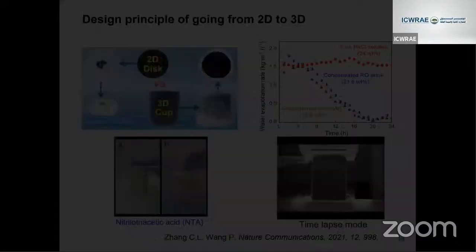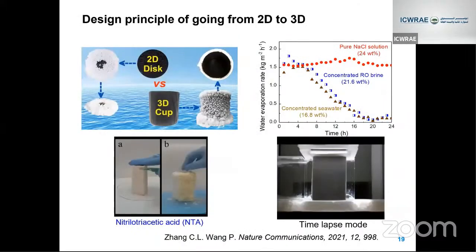So we started in 2017 with two-dimensional flat sheet type of solar salt crystallizer. Very quickly, we realized that it will not work because, as you can see here, this type of structure has a salt accumulation problem on the surface of light absorptive material.